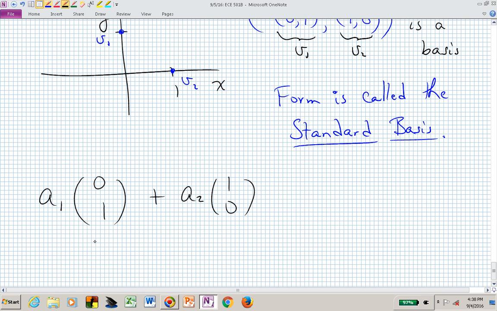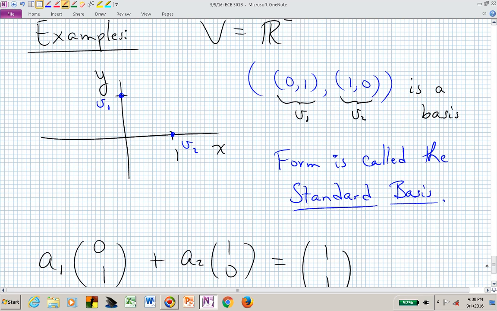So this is now vector v1, and here's vector v2. Now I've written them vertically instead of as row vectors, but now we want that to equal the point 1, 1. And you can see then that the original vectors v1 and v2 do not by themselves get you to this point 1, 1 in the original vector space, or in R2.